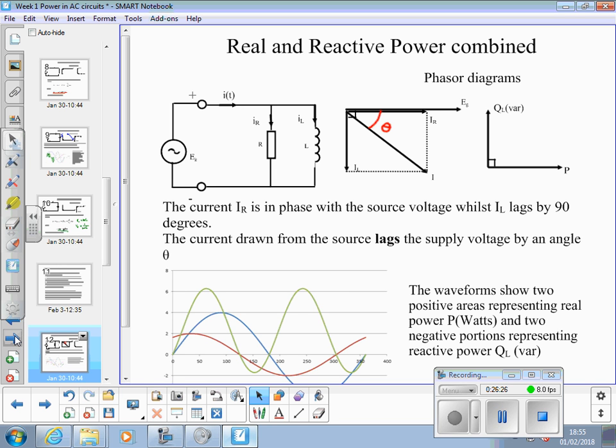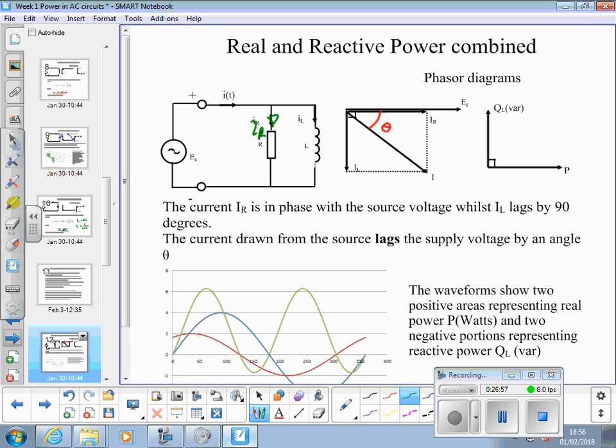So, what happens when we combine real and reactive power? In our circuit now, we've got both resistance and inductance. And we've got two currents because they're in parallel.